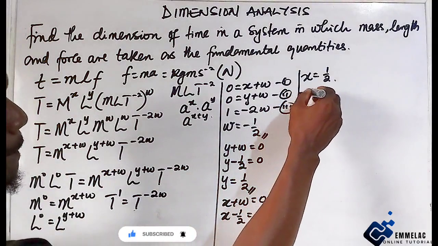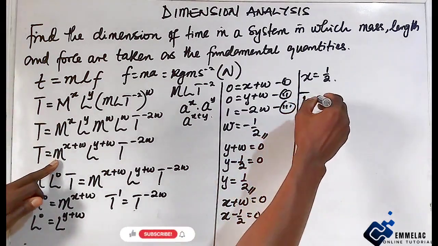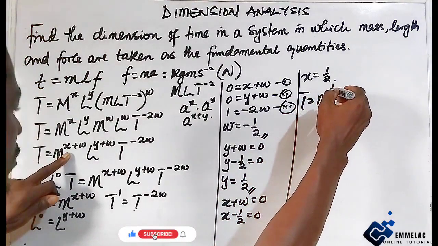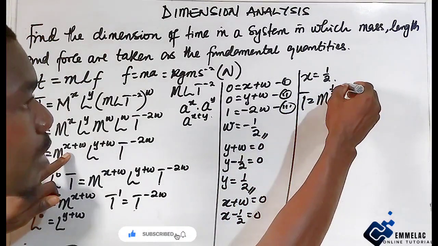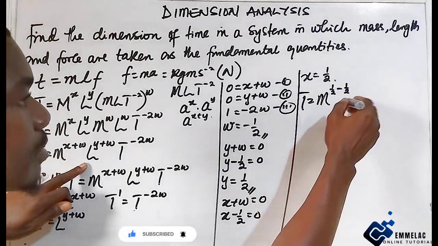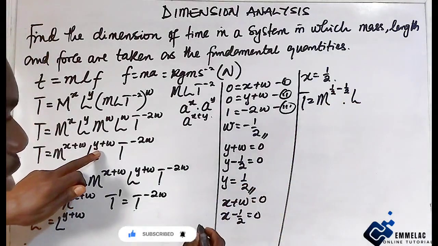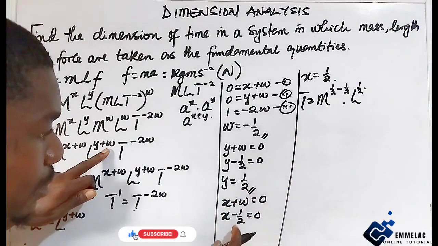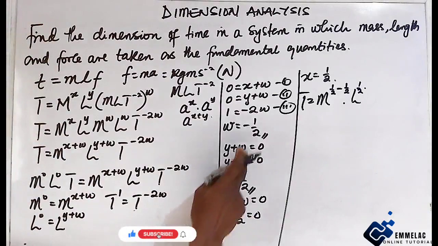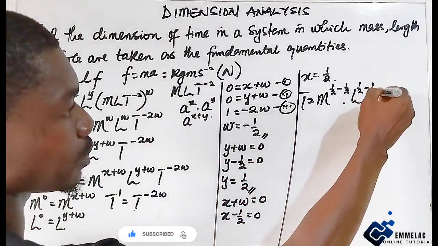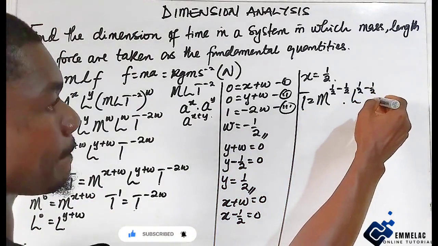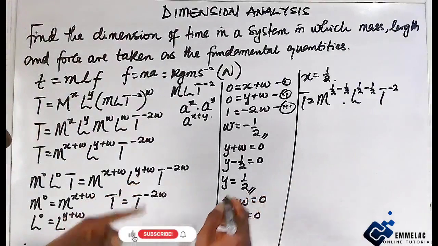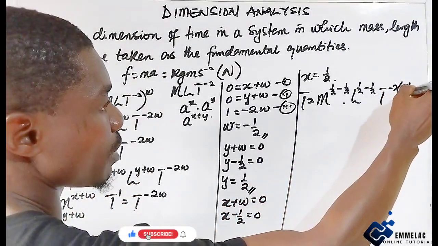T will give us M, with x being 1 over 2 and w minus 1 over 2, then L, with y being 1 over 2 and w minus 1 over 2, then T, with minus 2 times w, which is negative 1 over 2.